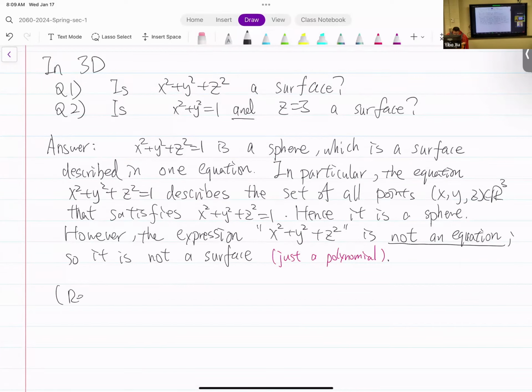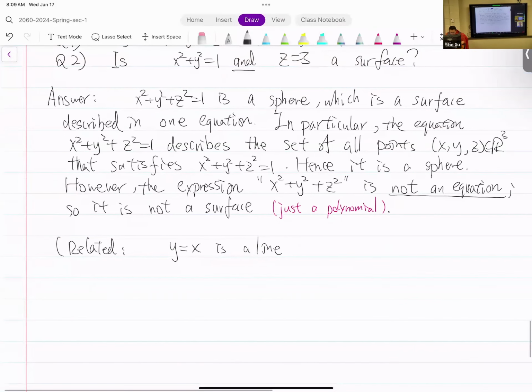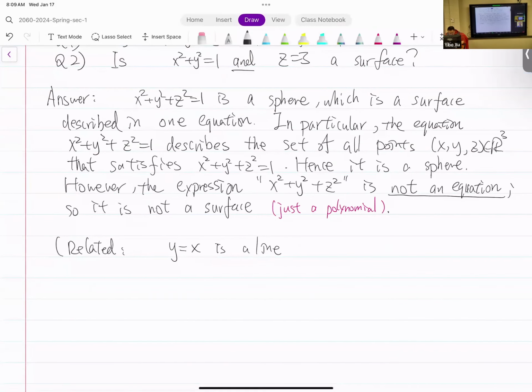So if you think about what you have seen in 2D, it's really similar. Let's say if you give the equation y equals x, this is actually a line, right? So whatever equation in 2D will define you sort of a curve. And if you have y equals x in the xy plane, then that's exactly this line going through the origin with a slope of 1, right?